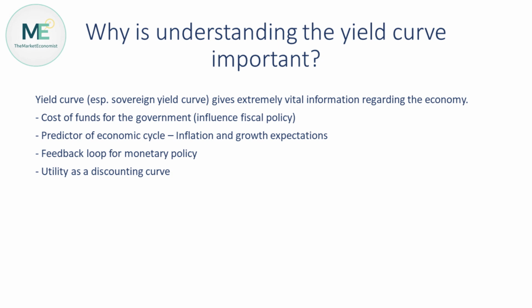Fourth, its utility as a discounting curve. So although the yield curve is only a discounting curve for the government bonds or the corporate bonds which we would be taking the yield curve out of, it also gives a sense of what the discounting curve should look like.